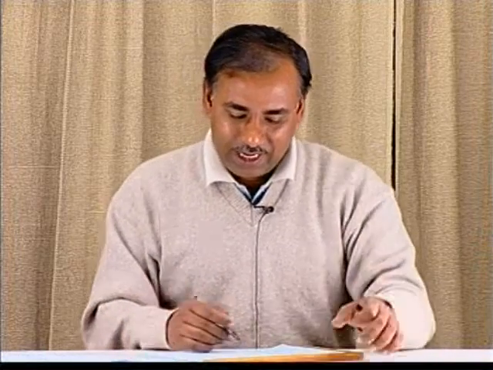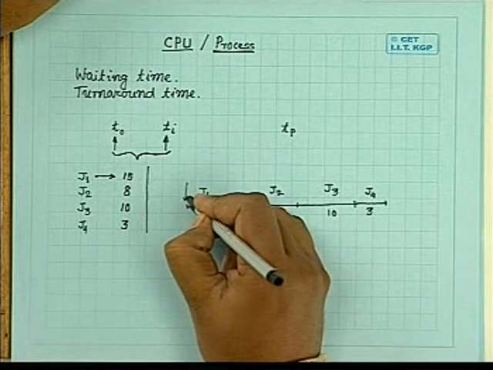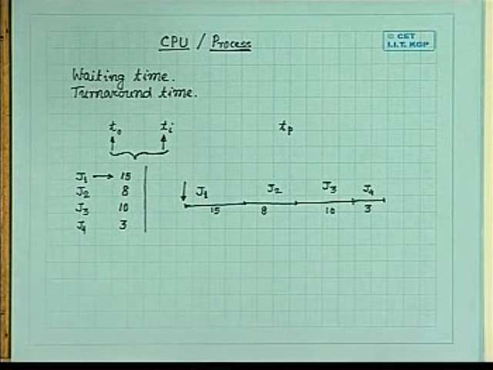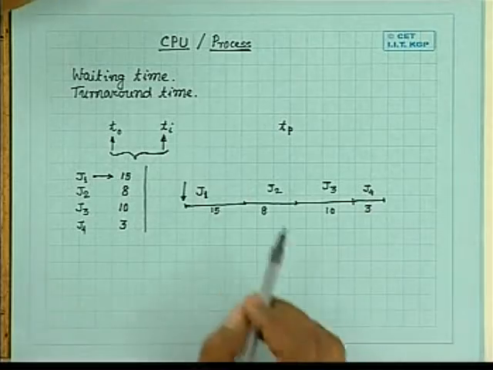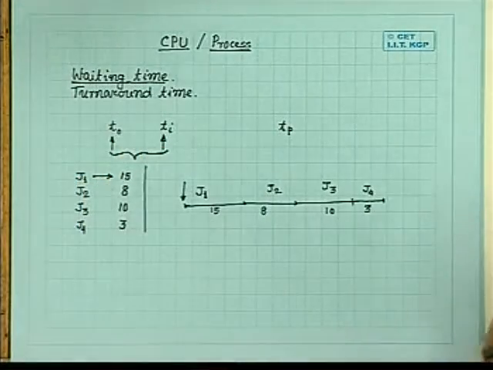Now, if I start accounting at this position, that is when J1 has started execution, and mind you that the time that I am considering now is the waiting time.